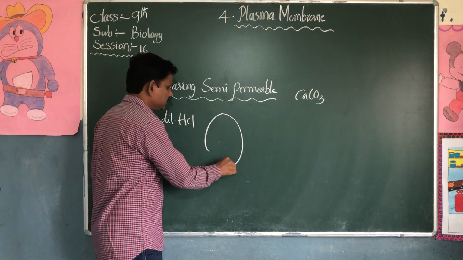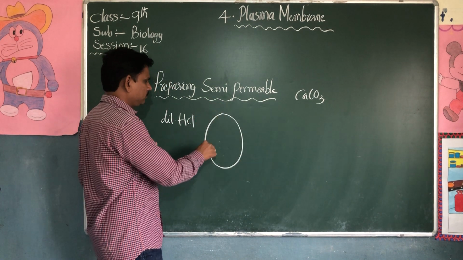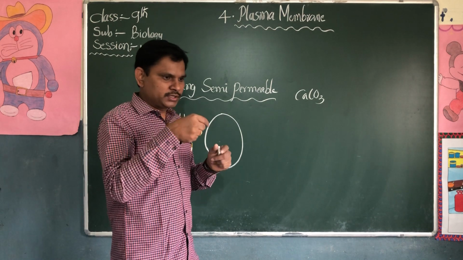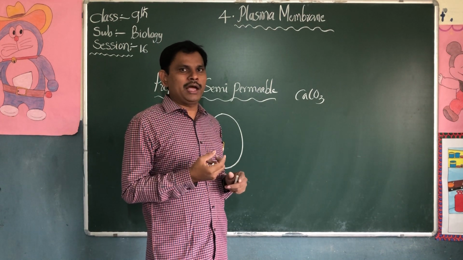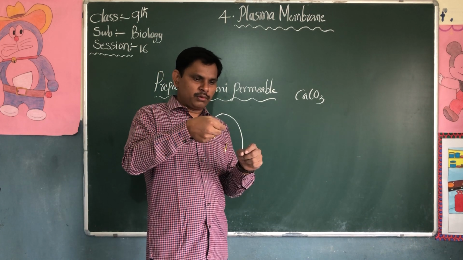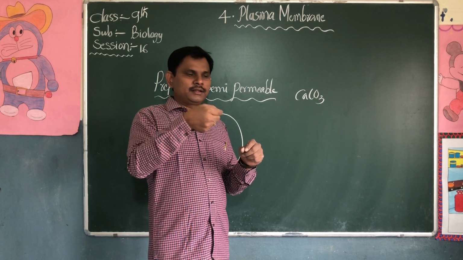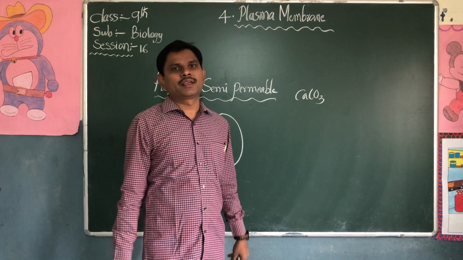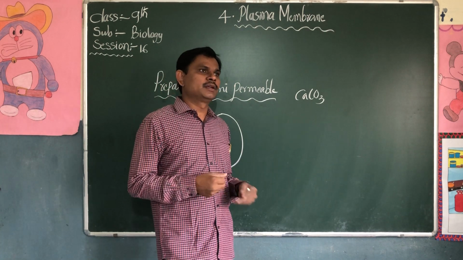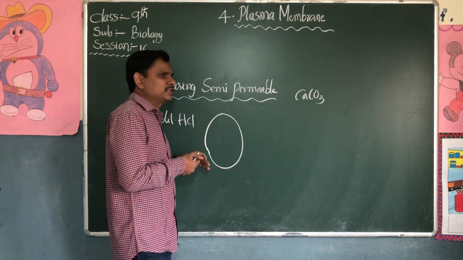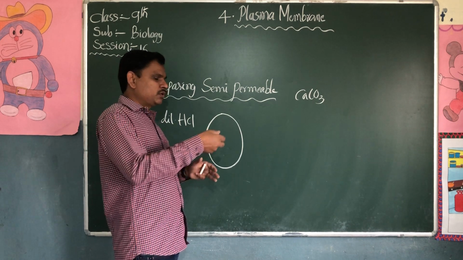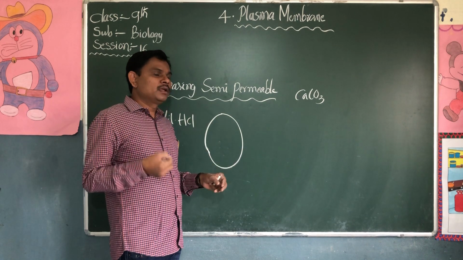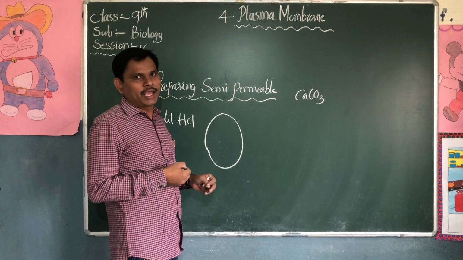Simply by putting a hole, the substance inside will come out, and we can remove the layer of the semi-permeable membrane from the egg. It is very difficult for us to remove it, but in the lab we can do this by using some chemicals and instruments.